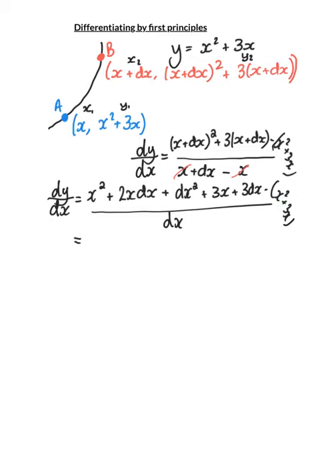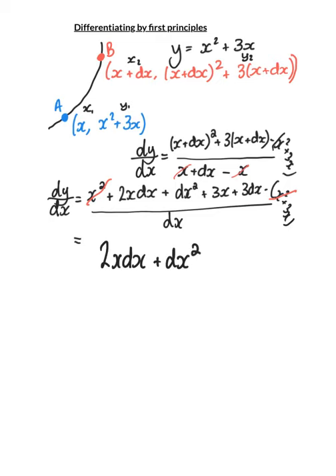So these two will cancel each other out. And you'll always find that your first term will always cancel out. Then I've got my 2x dx. Have I got anything else with an x and dx? No. So I could just write that in. I've got 2x dx. Then I've got my dx squared. Again, that's on its own.